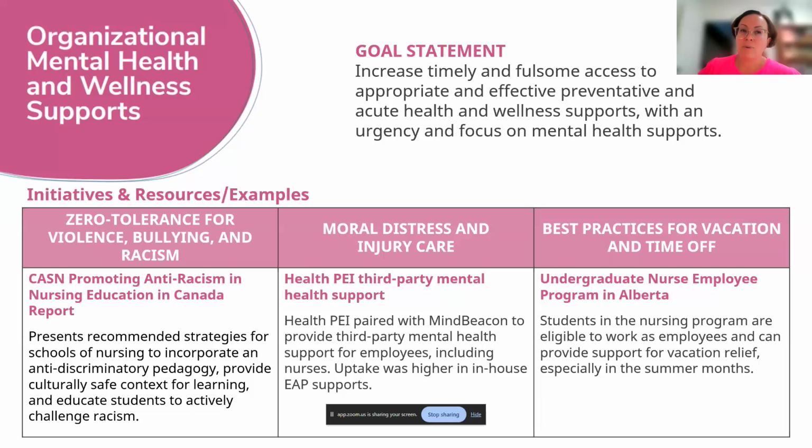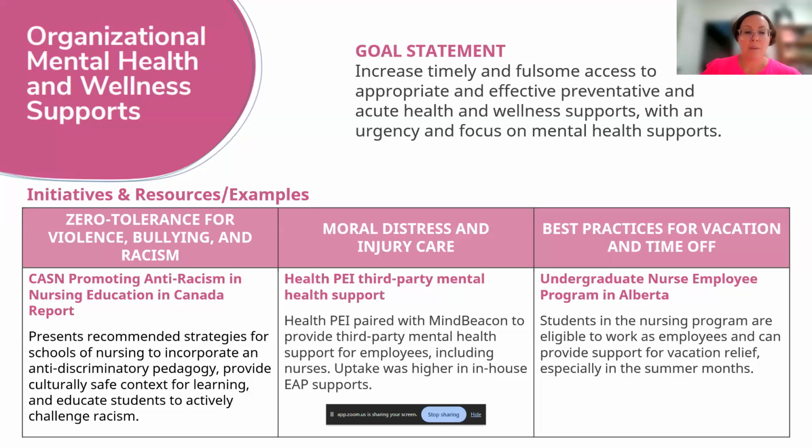Often what we hear from nurses is that there's a reluctance to engage in organizational EAP for fear of some kind of penalty or oversight or surveillance from the employer. So this was a means of engaging EAP supports through third-party mental health supports, and the uptake was higher than in-house EAP support. A great example of providing bespoke mental health supports to employees.